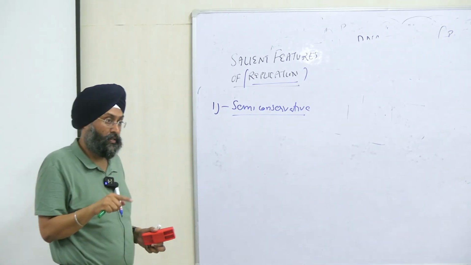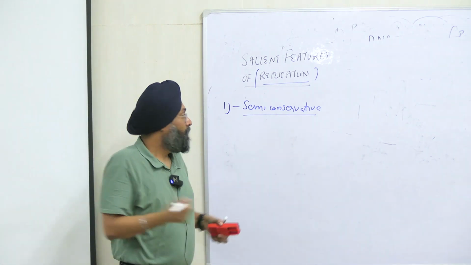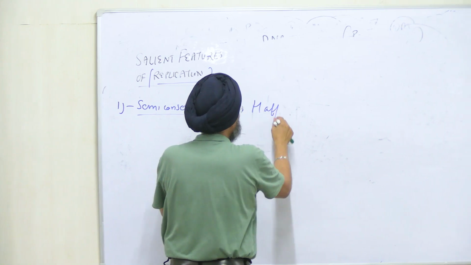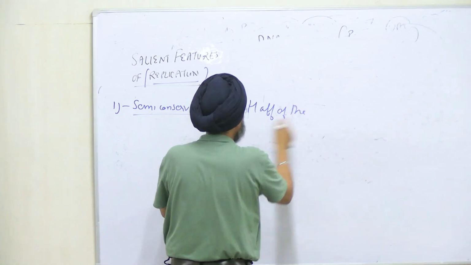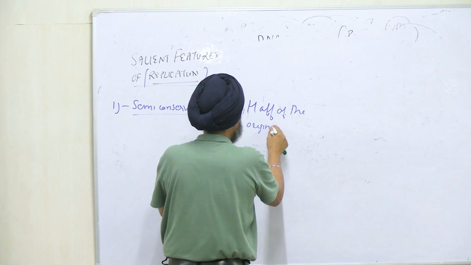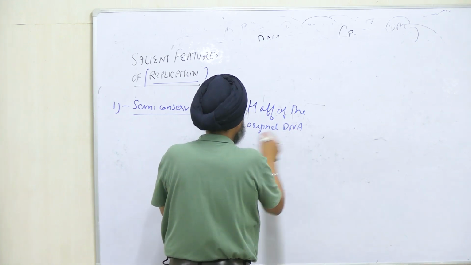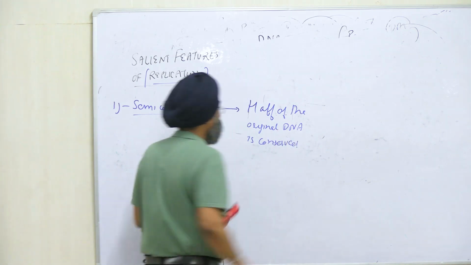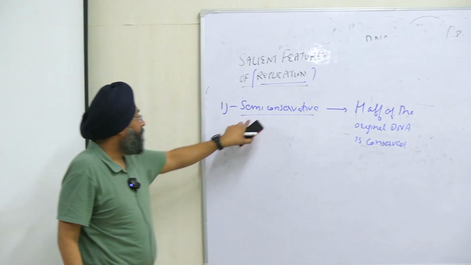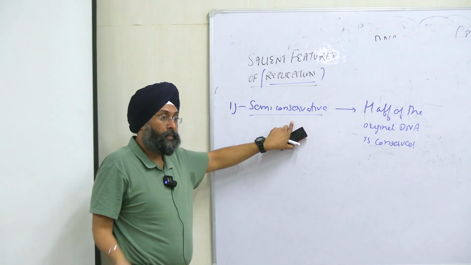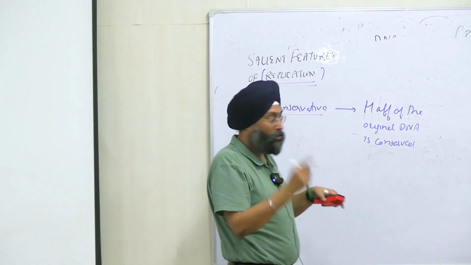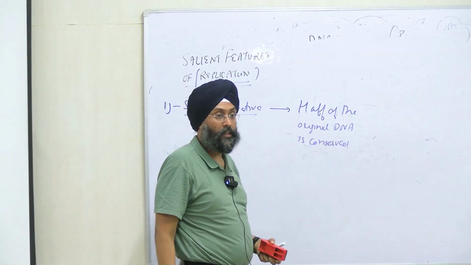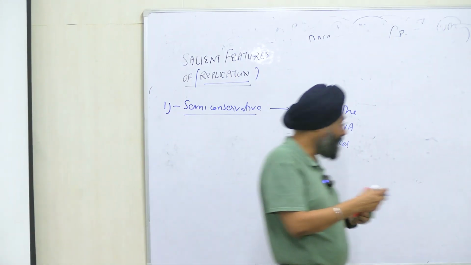Semi means half, right? Conservative means it is preserved. During formation of copies, half of the original DNA is conserved, right? Semi-conservative means during formation of copies or replicas of DNA, half of the original DNA is conserved, right? How will you understand it?